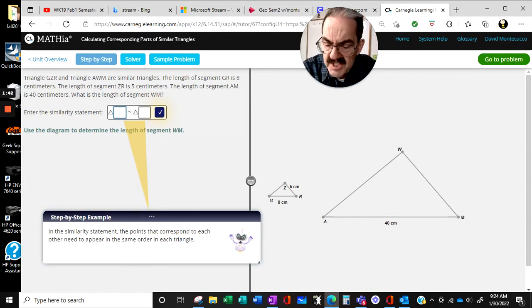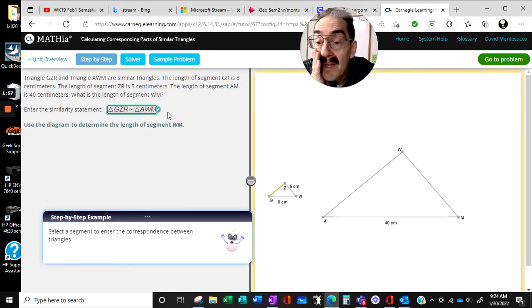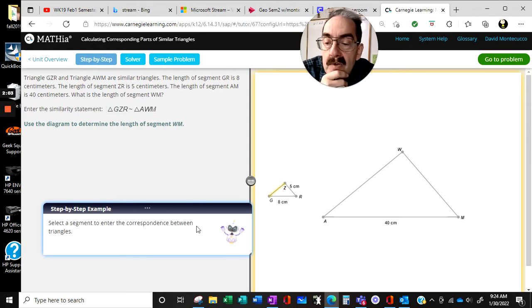Enter the similarity statement. So we're going to go GZR, capital GZR, enter, and AWM, enter. Okay, so we're happy. Use the diagram to determine the lengths. Select a segment and enter the corresponding.